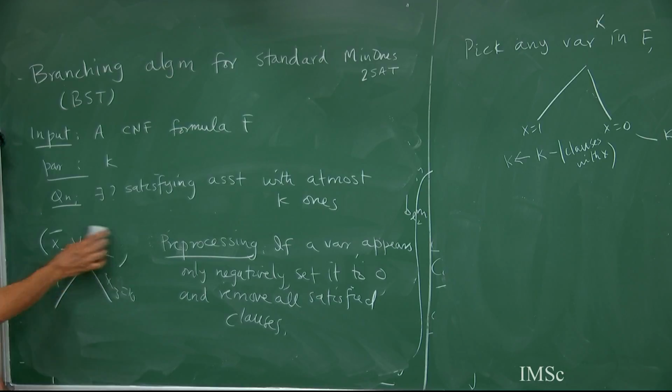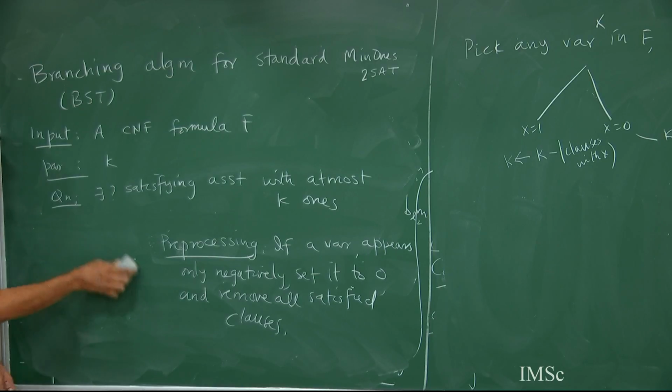Every clause has something negated, right? So if I set all the remaining variables to 0, then every clause will be satisfied because there is some negated variable sitting there which has been set to 0, so it will be 1, right?